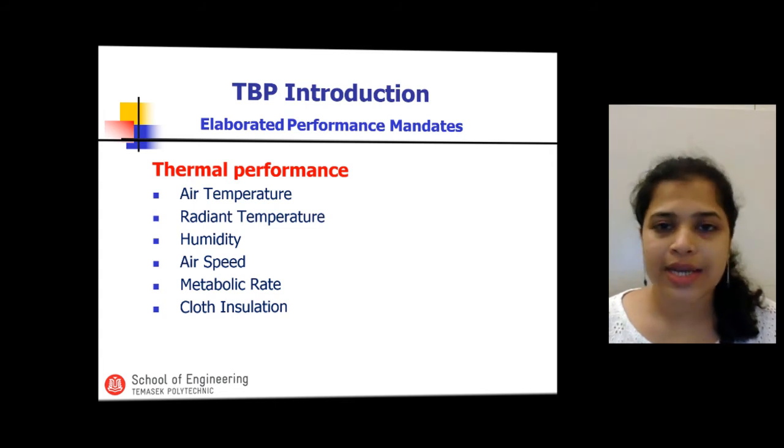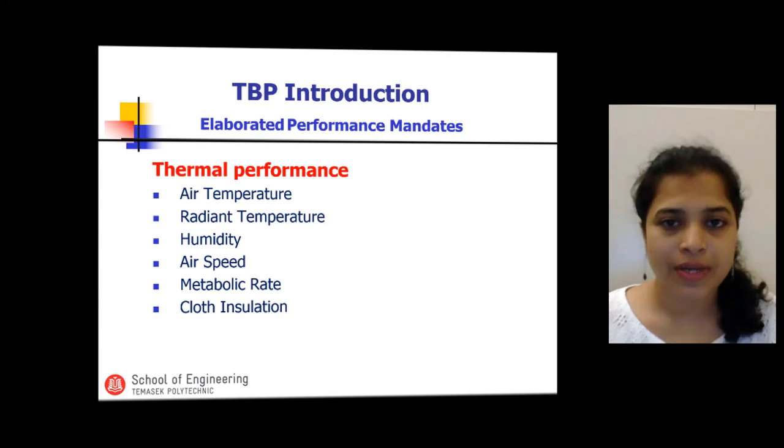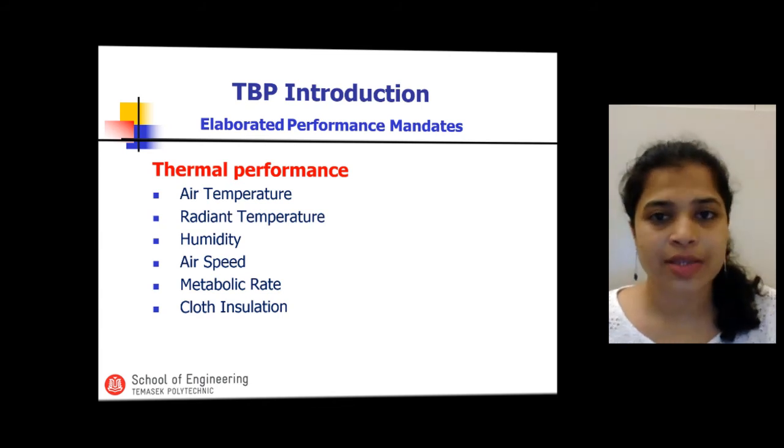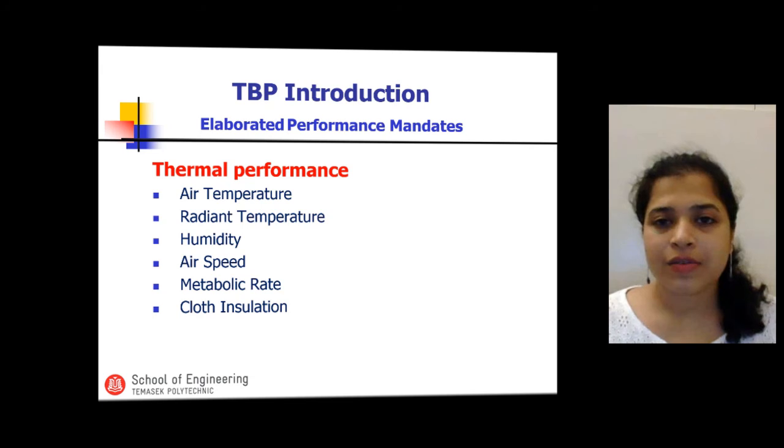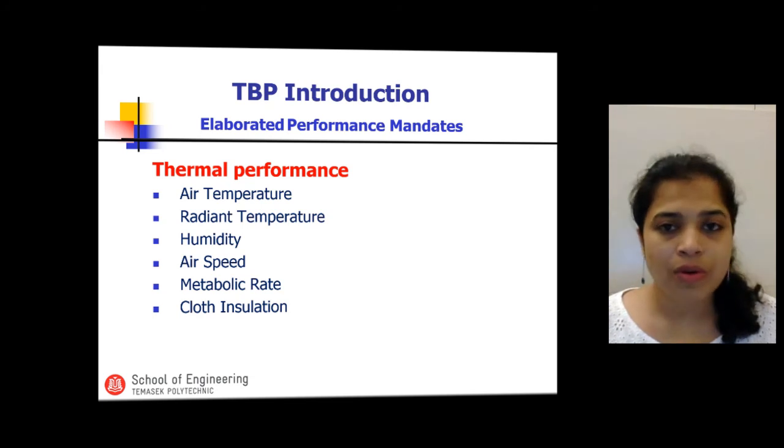Now, what exactly is the difference between air temperature and radiant temperature? Right? Now, in any given space, we either feel too hot or too cold or just right. Now, what is the appropriate or the optimal temperature for the occupants to feel comfortable?